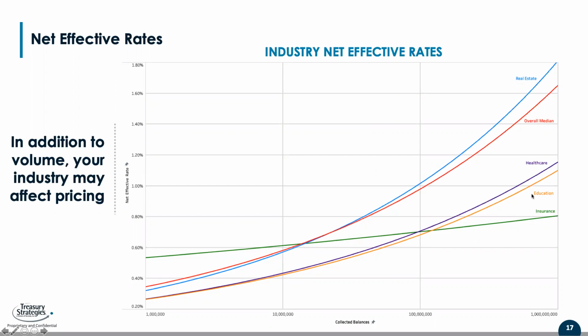And unfortunately, healthcare and education both fall well below the overall market median in terms of the industry net effective rates. Again, there can be a lot of valid reasons why net compensation varies by industry, but it's important to understand how your firm compares to the broader market and frame your conversations with your bankers within that context.